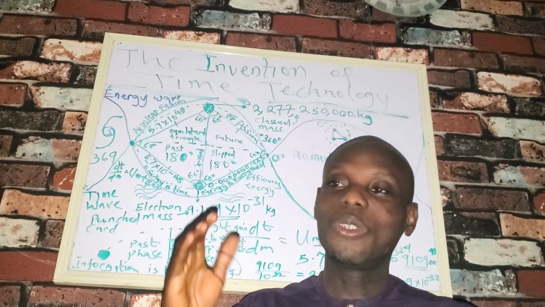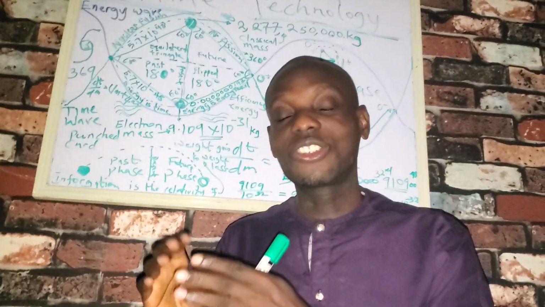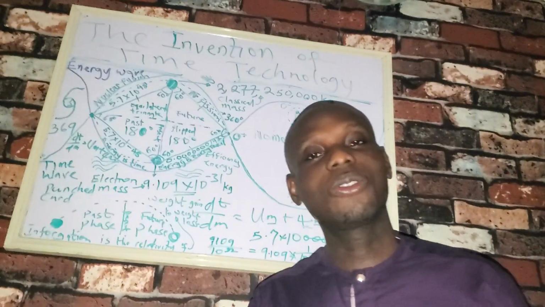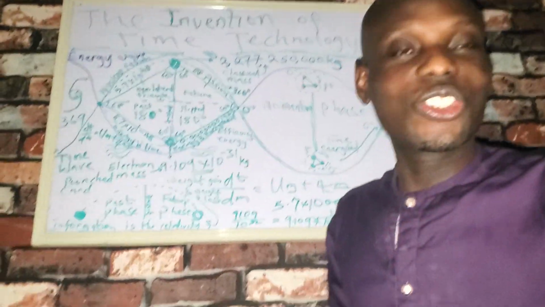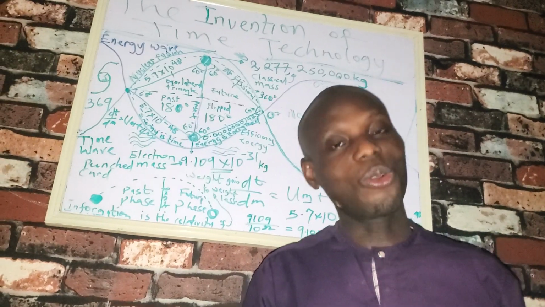Now, we see that the energy density of the solar corona is not as much as that of the surface of the sun. So the sun will produce more heat than the solar corona.